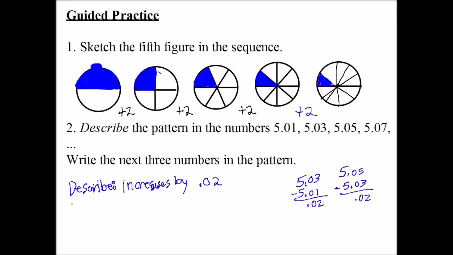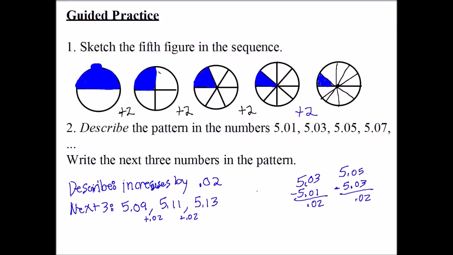Okay, and the next 3 numbers in the pattern: if you add 0.02 to this number, you're going to get 5.09. Then you add 0.02, so you're going to get 5.11. You're going to add 0.02 again, and you're going to get 5.13.